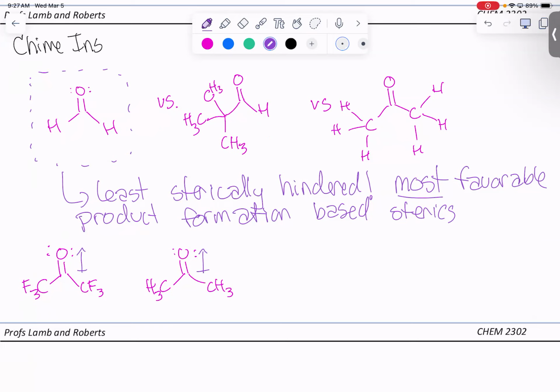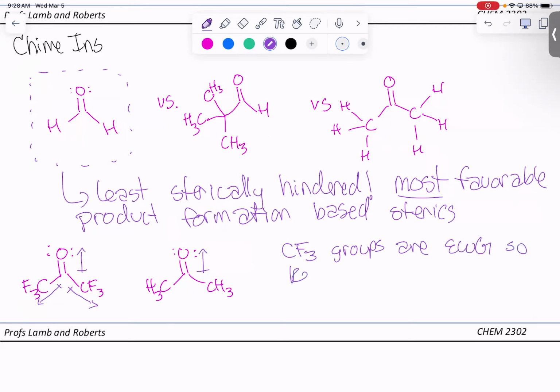So now let's take a look about these CF3 groups. Our methyl groups are mildly donating, so we don't have any electron density pulling that away, but we do in fact have a lot of electron density being pulled away from this CF3 group, which is very electronegative. All right, so CF3 groups are electron withdrawing groups.